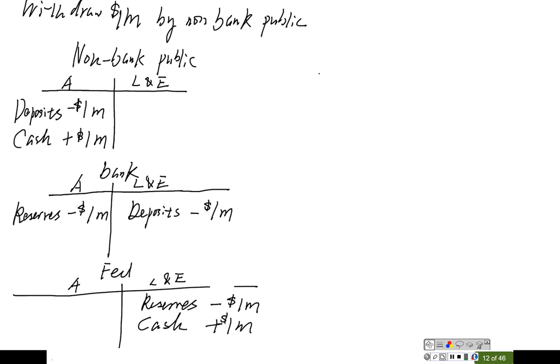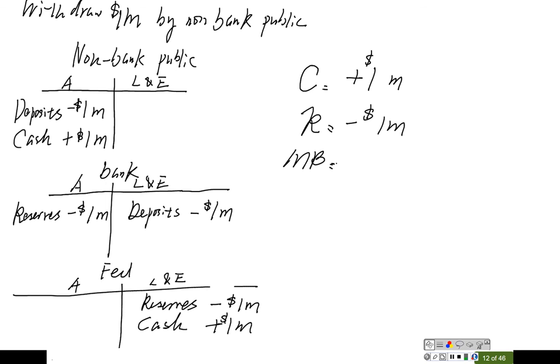So now we can see what happened to the currency. The currency, the cash, increased by $1 million. What happened to the reserve? Reserve declined by $1 million based on the T account we studied. So what happened to the monetary base?